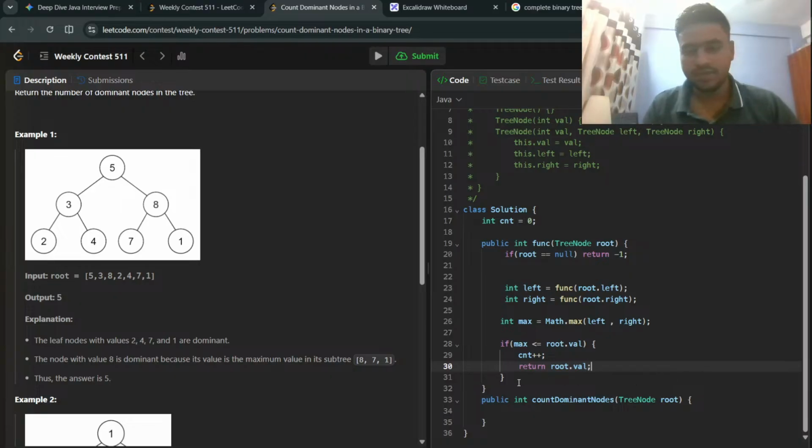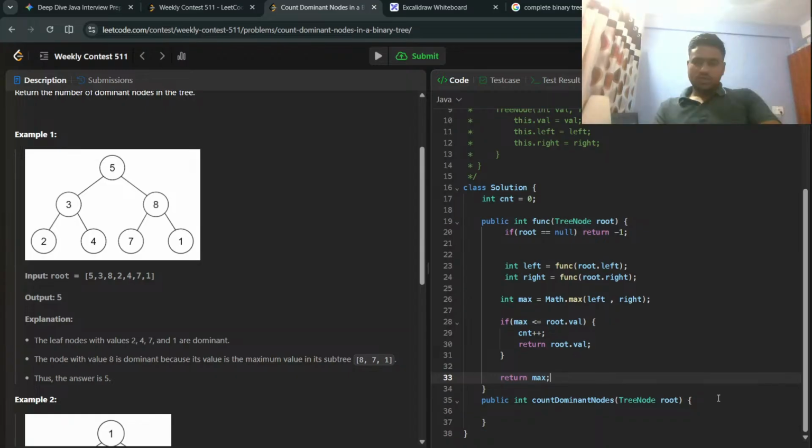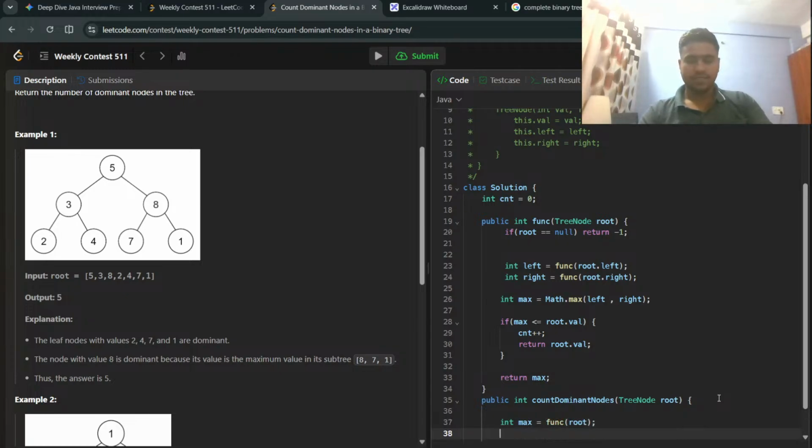Either way we need to return only the max. I hope this works. Max is equal to function, and we are passing root and returning count. I hope this will work. If it won't work, then not an issue.